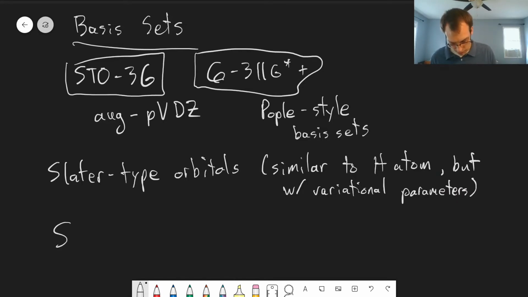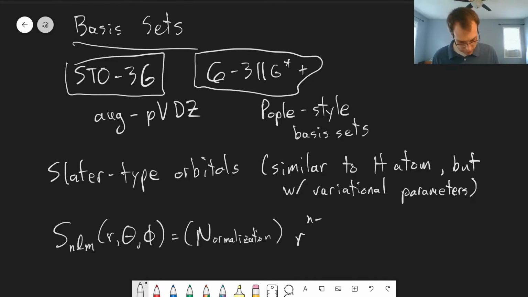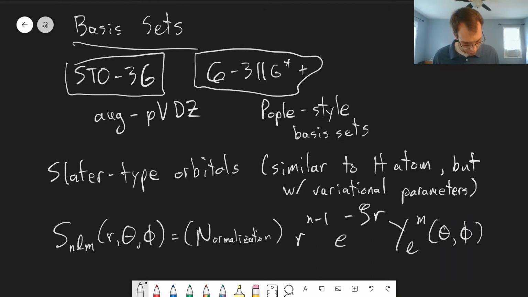So the actual Slater type orbital has three quantum numbers, n, l, and m. We represent it with spherical coordinates, r, theta, and phi. I'll just write this as, there's a normalization constant. Then we have r to the n minus 1, e to the minus zeta r, and then we have the spherical harmonics, the Y_lm, that are the angular part of the wave function.